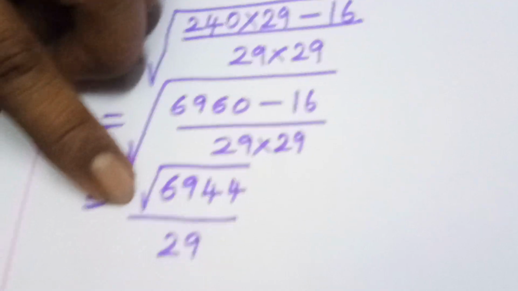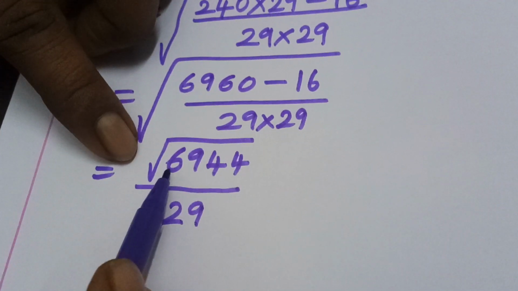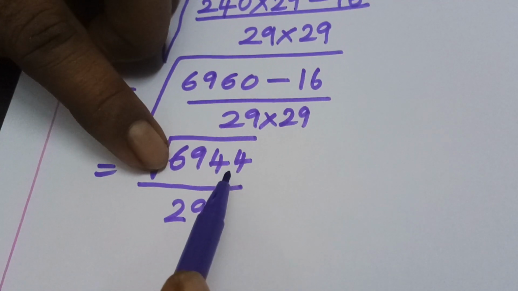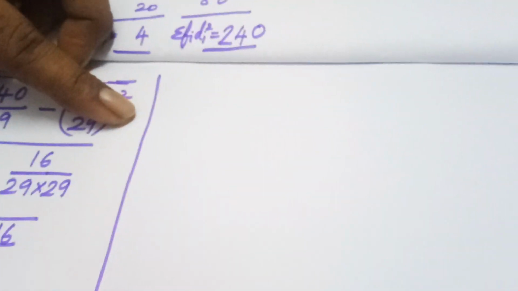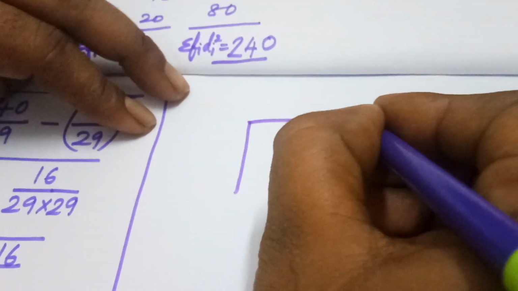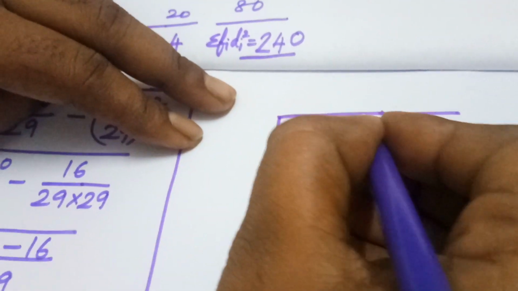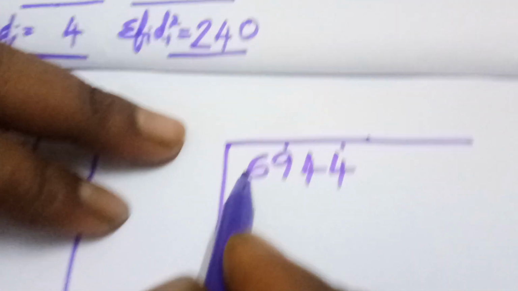Now here comes our work. That is, we have to take the square root of 6944. So I am going to show you how to take square root using long division method. So first we have to place some markings here.